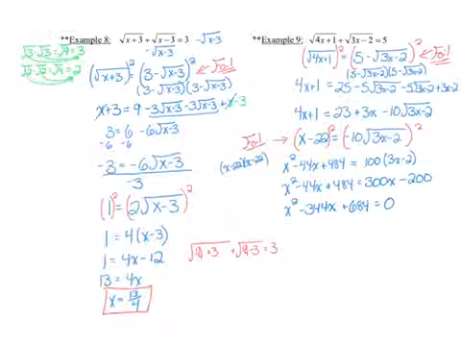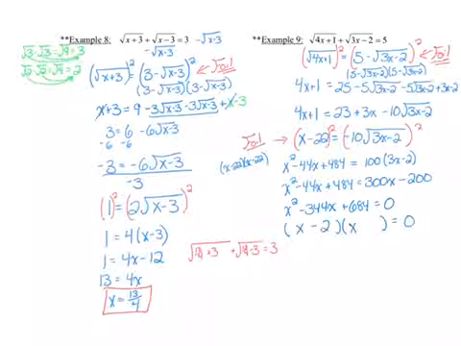So to factor this, we're looking for two numbers that multiply to 684 but add up to negative 344. This one, because the numbers are so big, it seems difficult, but it's actually just negative 2 and negative 342. So we're going to get x is equal to 2 and x is equal to 342.